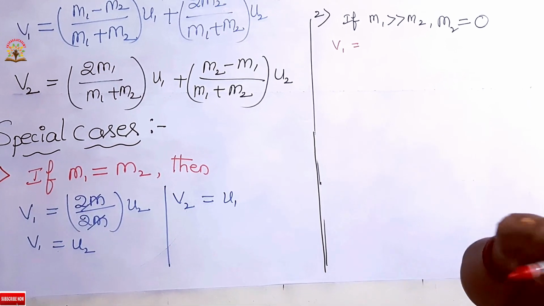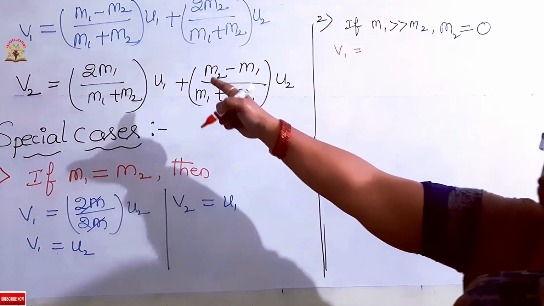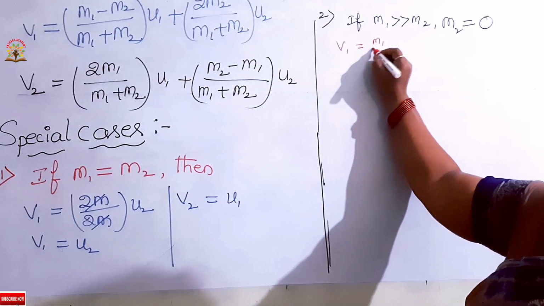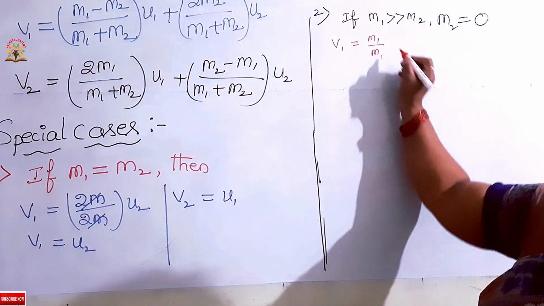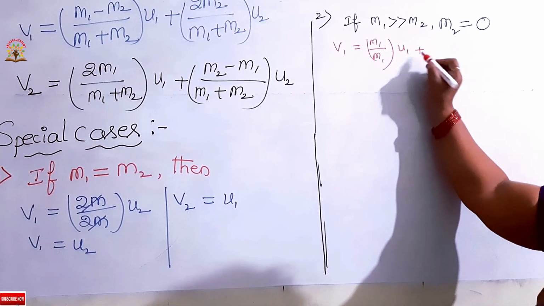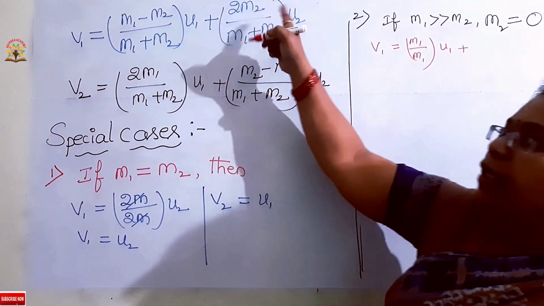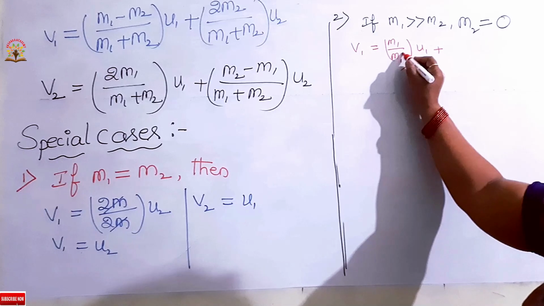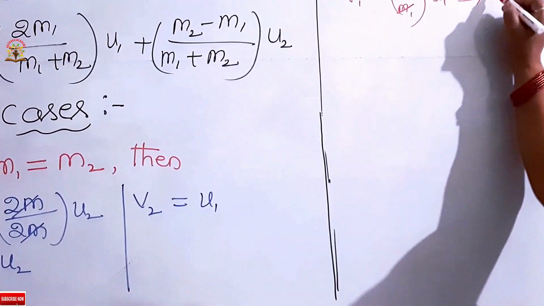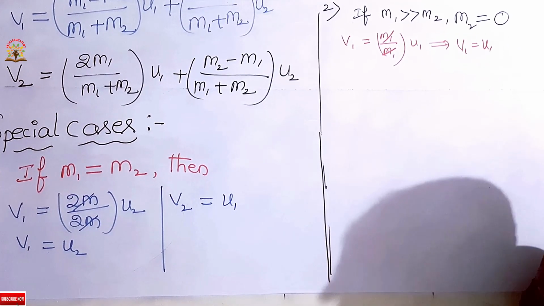Substituting M2 is equal to 0, here M1 by M1 of U1 plus, M2 is equal to 0, so the entire term is 0. M1 cancel. So what is the V1 value? V1 is equal to U1.